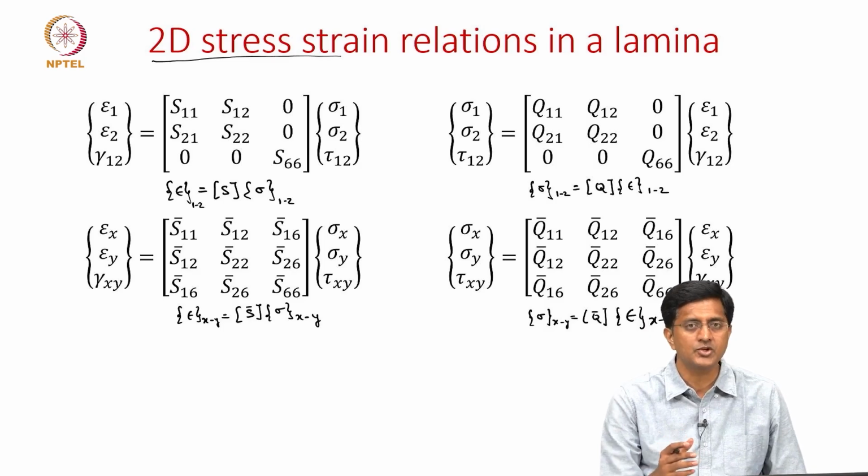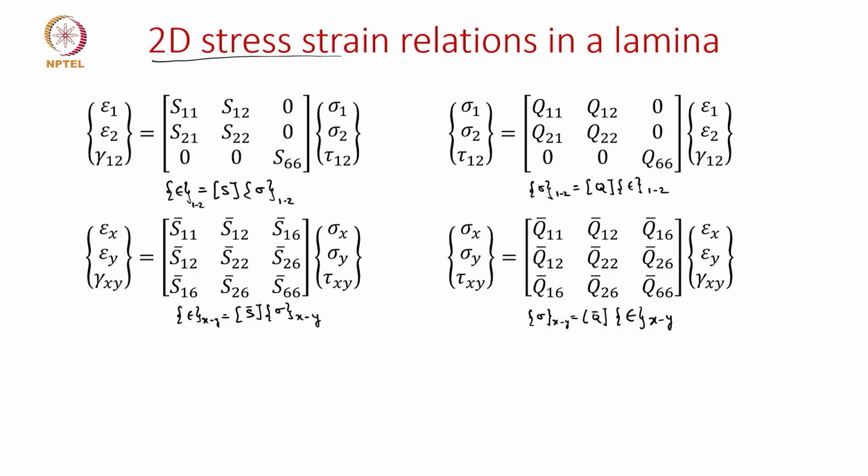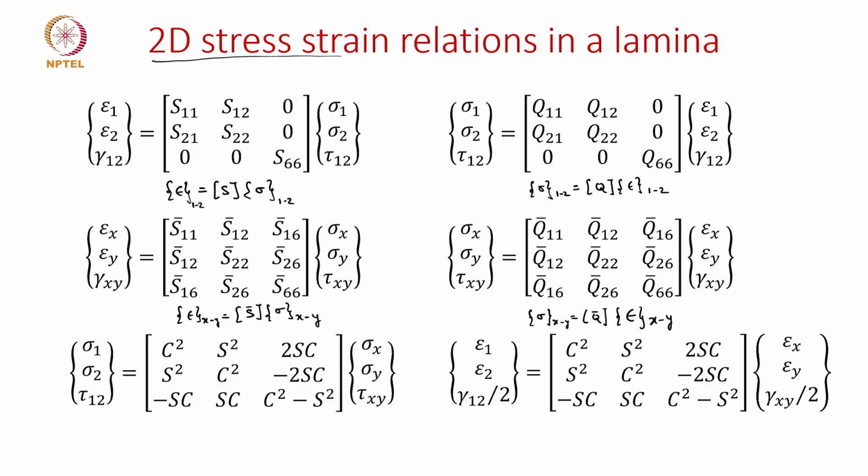And lastly, we also showed the transformation of stress from one coordinate system to the other, meaning going from body coordinates to the material coordinates, we use the transformation matrix T. So when we have stresses in the body coordinates, we pre-multiply with the transformation matrix T to get the stresses in the material coordinates 1 2.